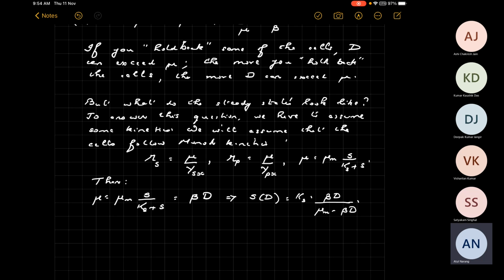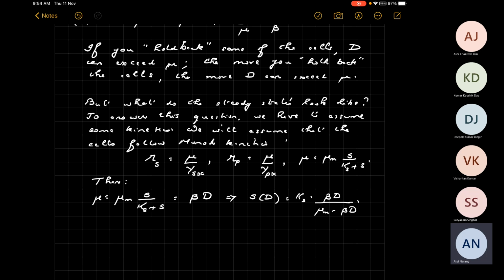So is this smaller or bigger than the concentration in a CSTR, if I look at the same dilution rate? Will I get a smaller or a higher concentration in a CSTR compared to a recycle reactor? Let's say I have two parallel reactors running, one a CSTR, the other a recycle reactor, both operating at the same D. Which one will give me a lower substrate concentration?